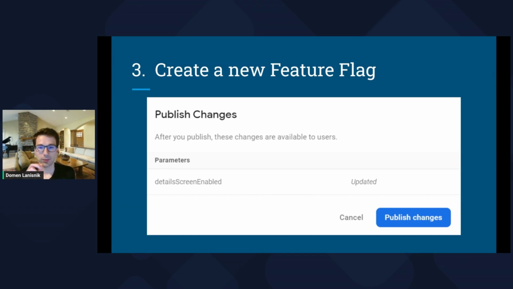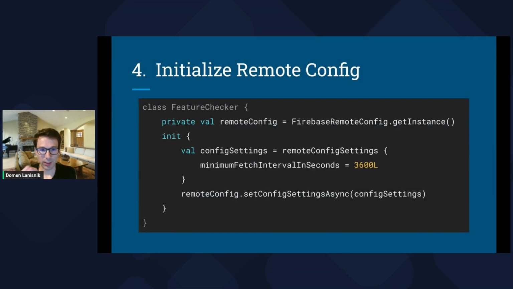Cool. So how do you read the feature flag value in your app, right? So we've created the feature flag on the Firebase console, and we set up the Firebase SDK. So the next step is to set up or configure the Firebase Remote Config instance.